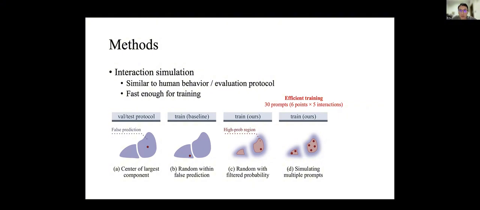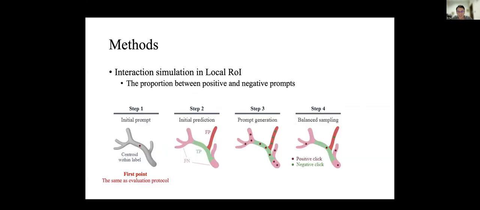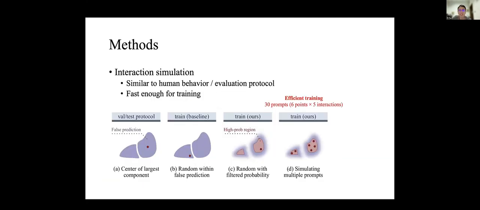Our solution is very simple: we apply a Gaussian filter on the false prediction, so the value at the surface region should be lower than those at the center. Then we can generate the next prompt based on the probability.